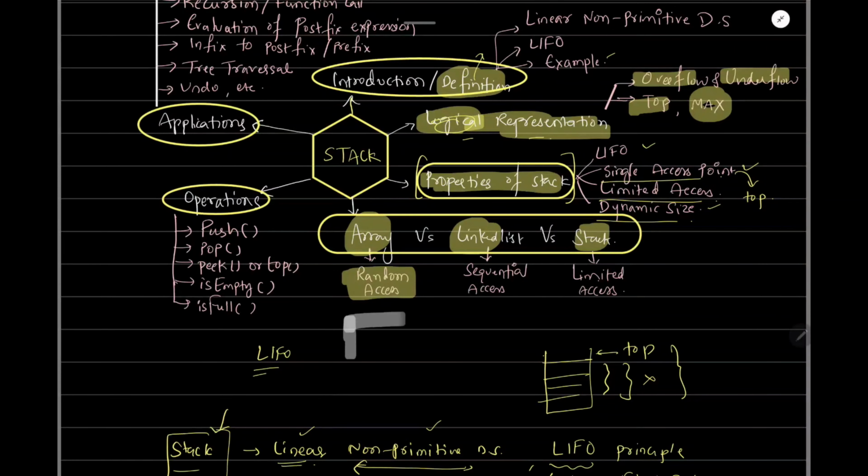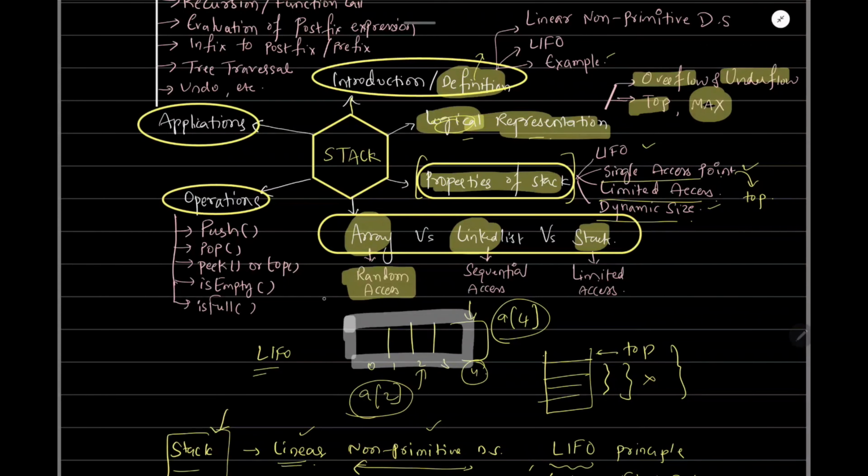If this is just the array, this is 0 1 2 3 4, so we can access this element directly by using a[2] in the square bracket, and we can access this fifth element by using a[4], index 4. So this is what random access in the array is.